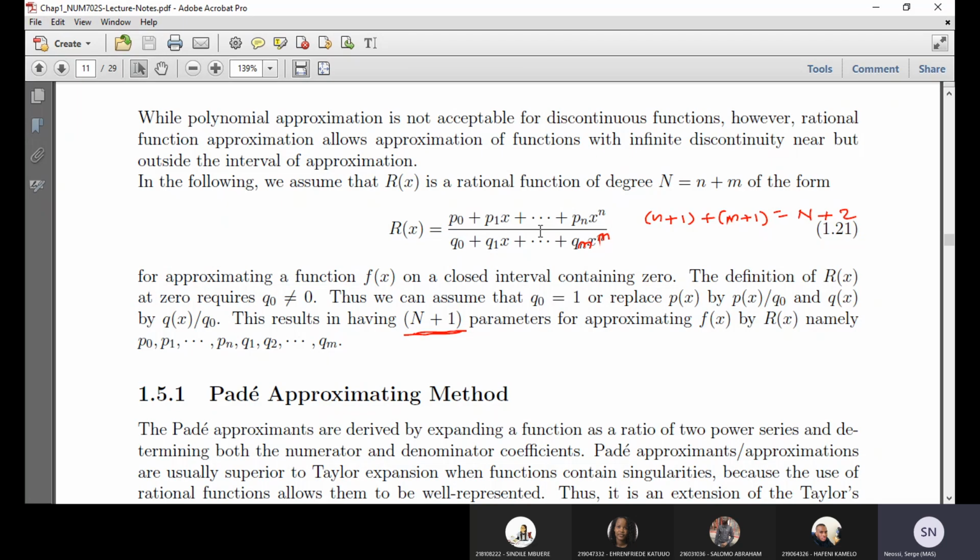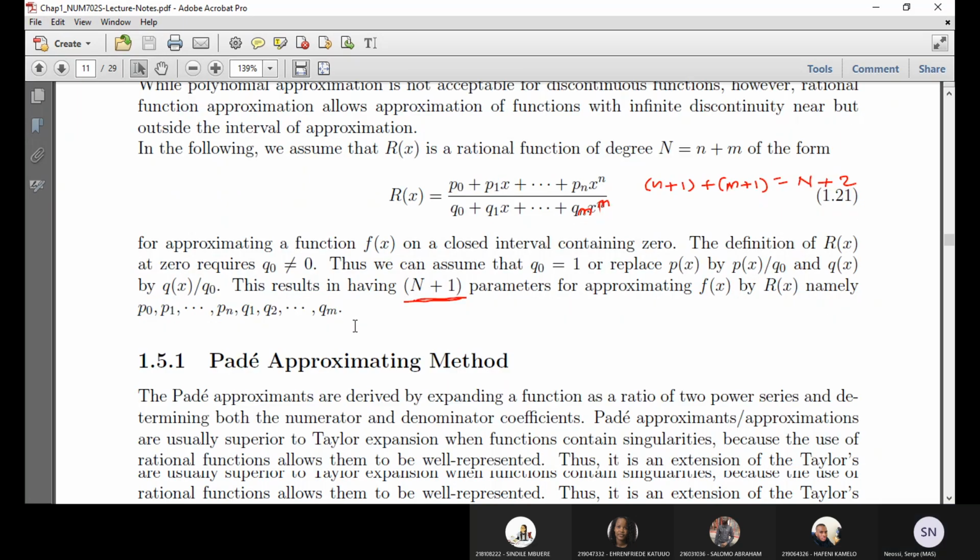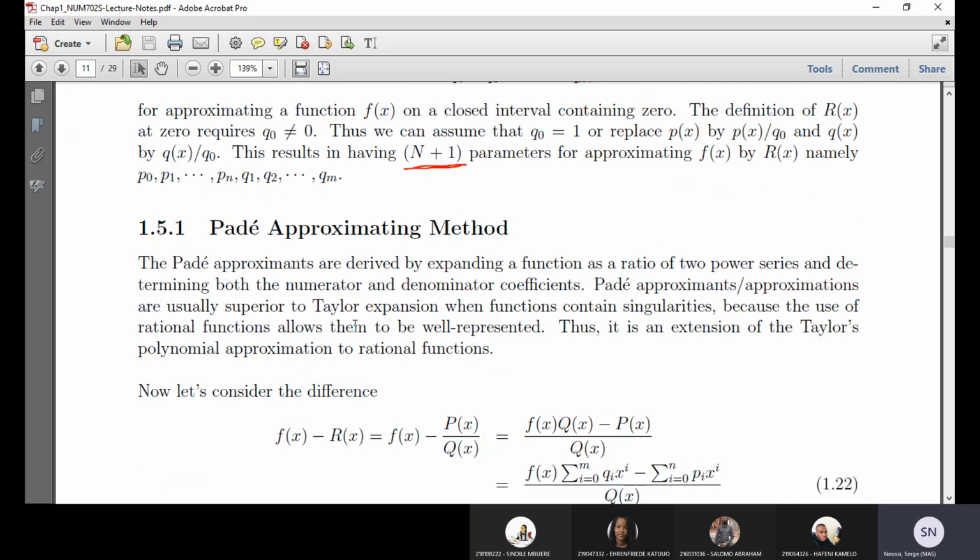For that, we factor both the numerator and the denominator by Q0, and we cancel out. If we do that, you see that the coefficient here will be 1, so we can assume that our Q0 is always 1. By so doing, we reduce the number of parameters by 1, which is not negligible, right? Now we design an algorithm that allows us to compute these capital N plus 1 coefficients.